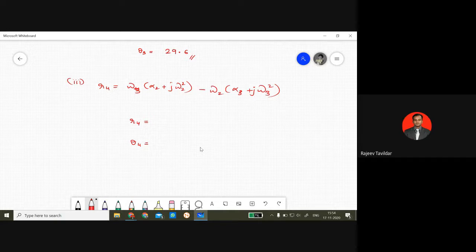Is it 1.96 into 10 raised to 3? So 2.79 into 10 raised to 5. Okay, this is the answer that we're getting.